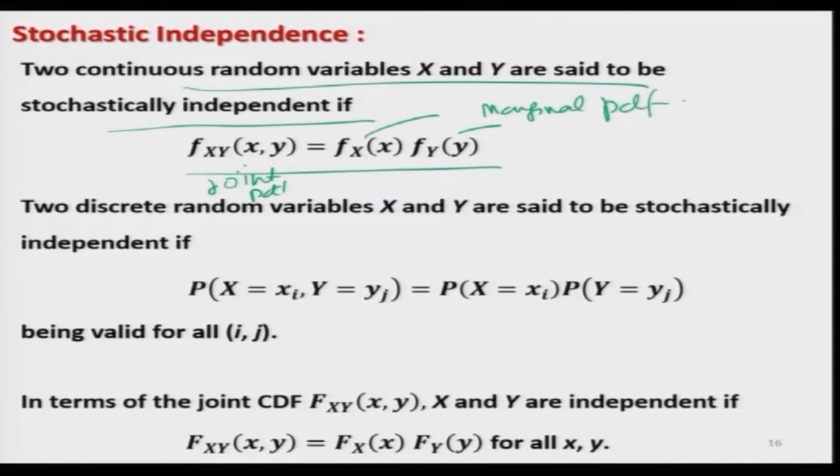If you can satisfy this condition for a given joint PDF, then the random variables x and y are going to be independent.